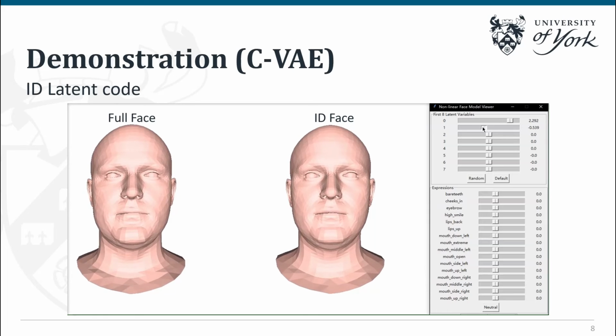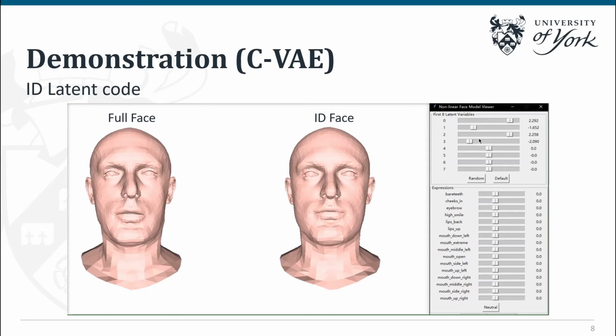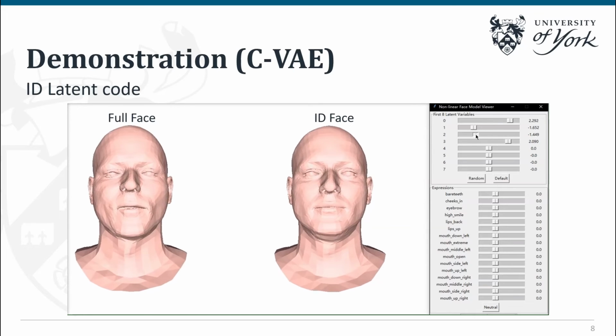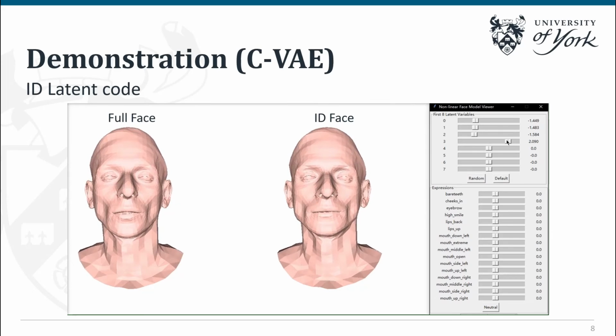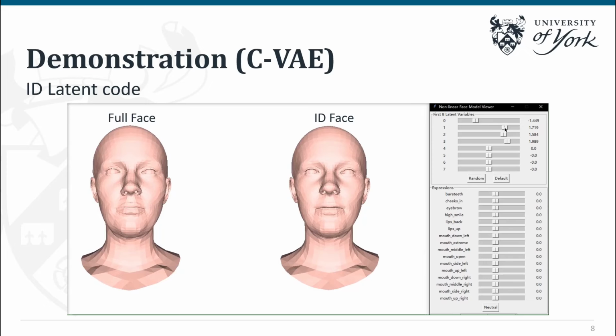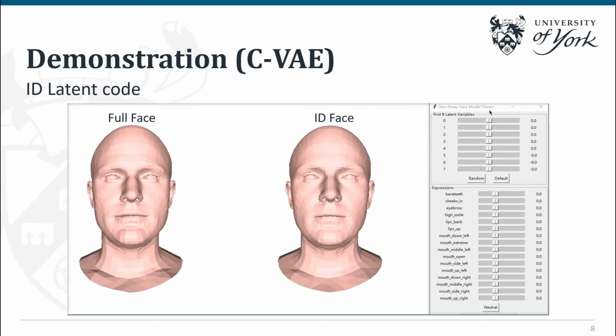Then I'd like to show some demonstrations of our work with the conditional VAE plugin. In this video, the identity latent code keeps changing without involving any expression changes, and we can see the reconstructed full and identity faces are identical because no expression is included.